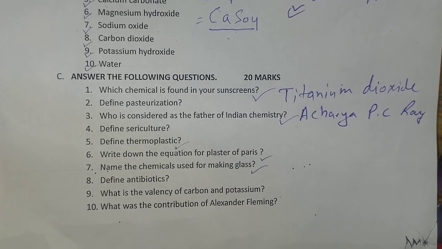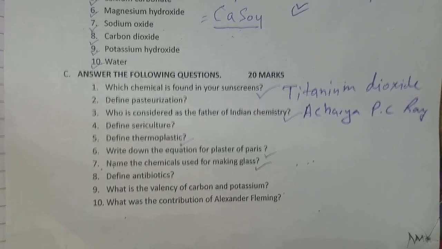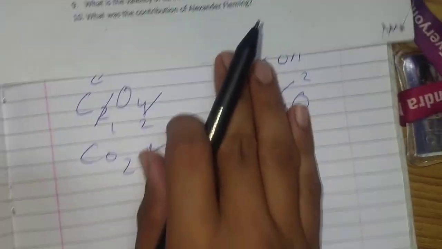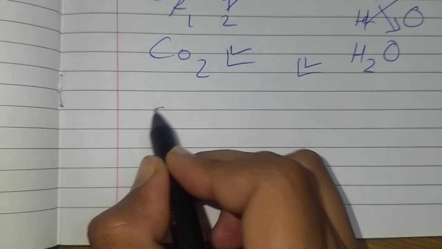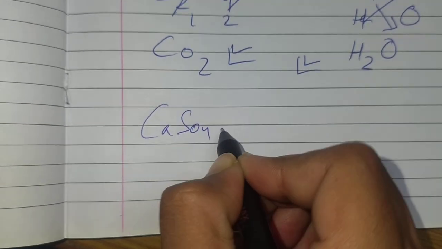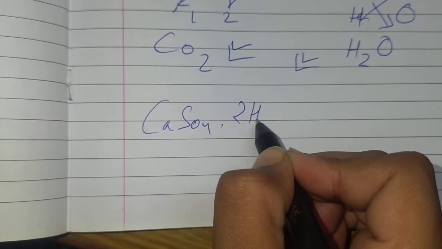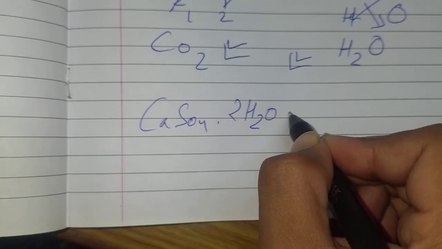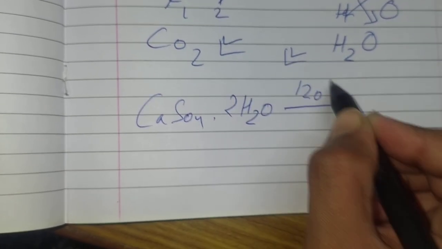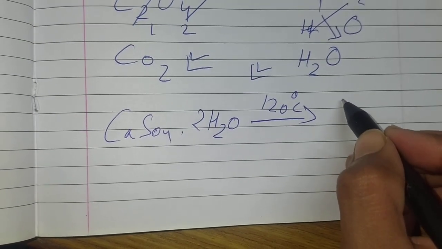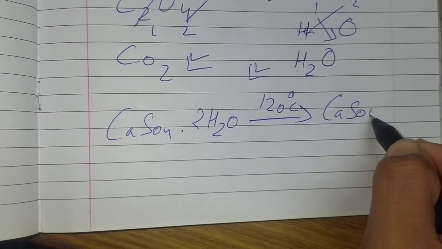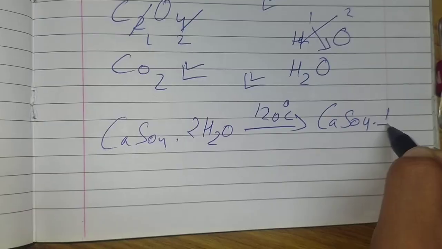So the next one is your sixth question. Write down the equation for plaster of Paris. Okay, so we know that the equation for plaster of Paris can be written as, you need to have your gypsum. Gypsum is calcium sulfate dihydrate. It is heated at 120 degree Celsius. After heating it at 120 degree Celsius, the loss of water molecules is seen.